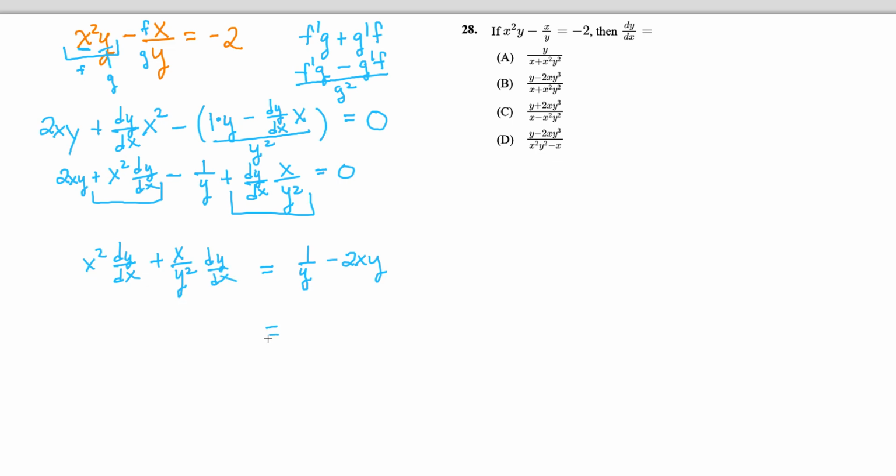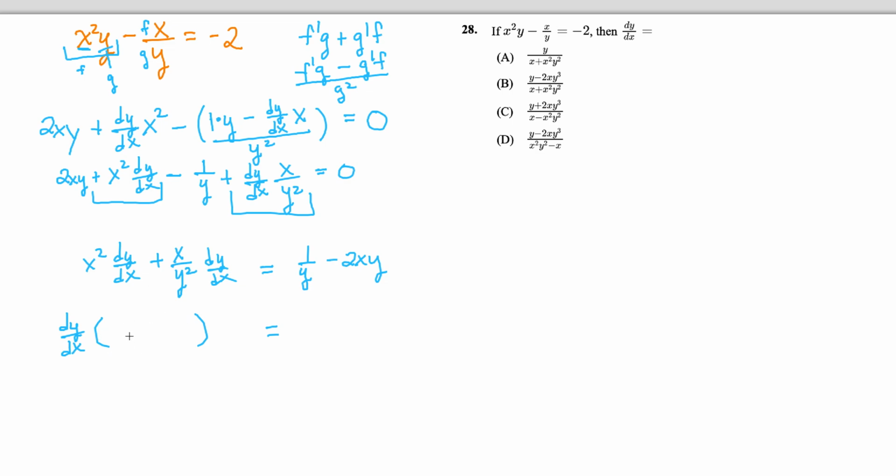And I'm going to factor out a dy dx from here. And right away, what I realize is I'll have the x squared plus x over y squared inside here.